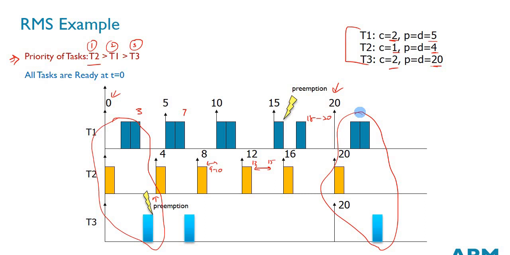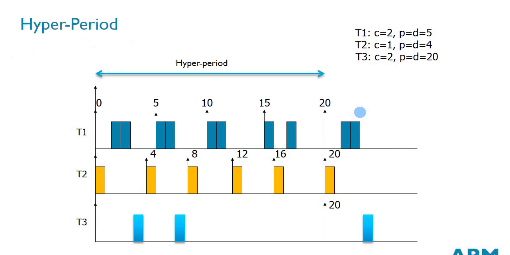So this leads us to the next important aspect, which is called the hyper period. When I look at the entire hyper period, subsequently the behavior of the tasks repeats itself exactly as it was during the hyper period.